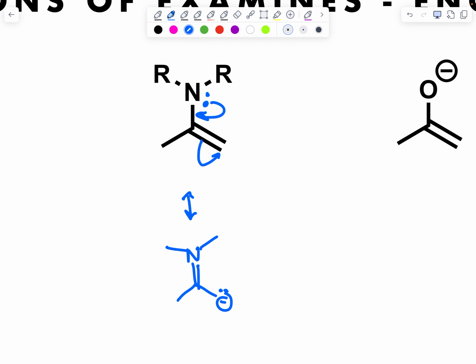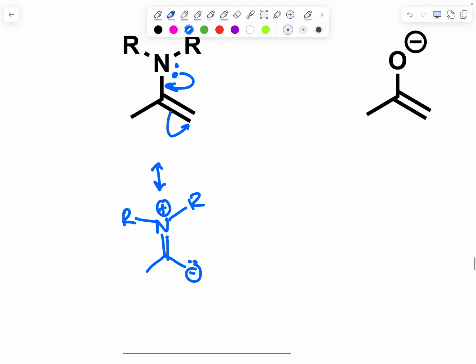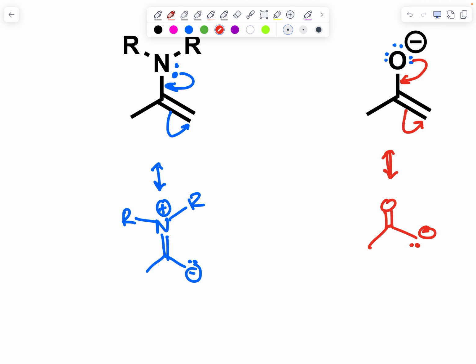If you don't see why it's attacking there, think about the fact this has a resonance form where the pi bond is broken, the electrons are localized back up at the nitrogen, and you have a plus charge at what I'm going to call the carbonyl carbon. Those are resonance forms of each other, where we've taken the pair of electrons and localized them up to the nitrogen. That's why oxygen attacks there.